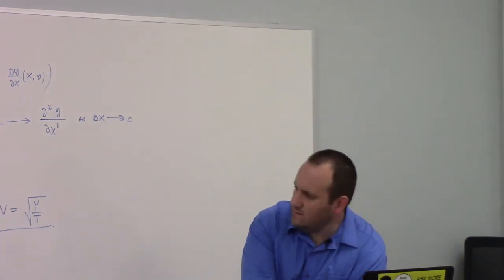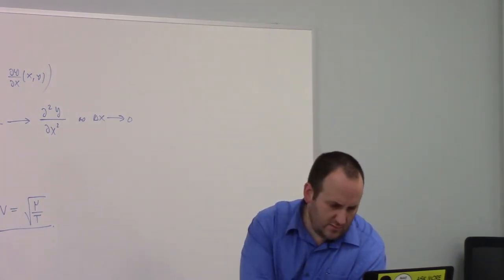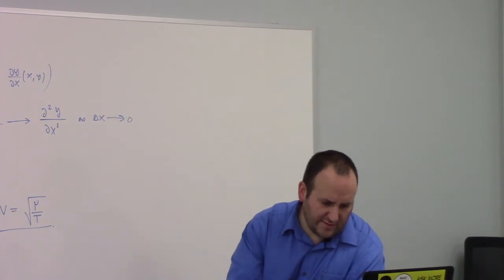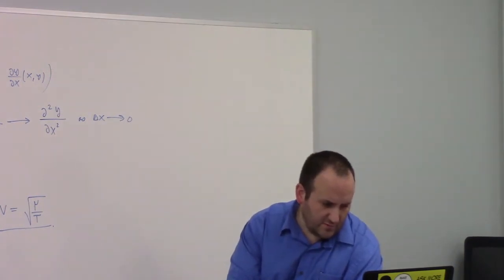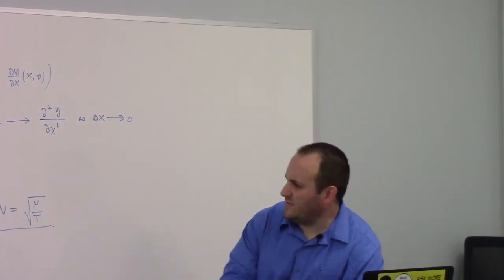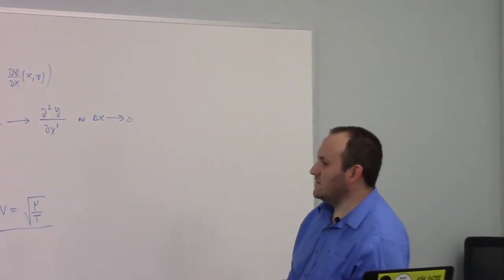Well, I got mu over T, just like that. Just my intuition is messing with me. I've got v is the square root of mu over T. Oh, well, that makes more sense. How have I?